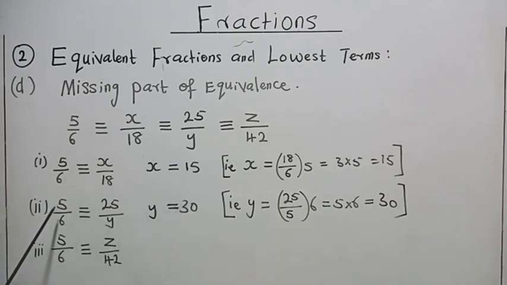How? That same 5 that multiplied this 5 to give us 25 must multiply this 6 to give us what is here. That 5 times 6 is equal to 30. Therefore, this y, which we don't know, has become 30. This explains how that was done.